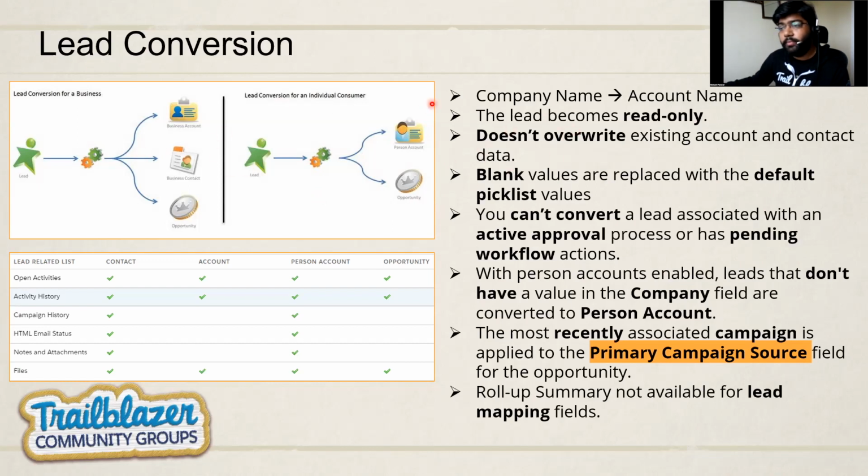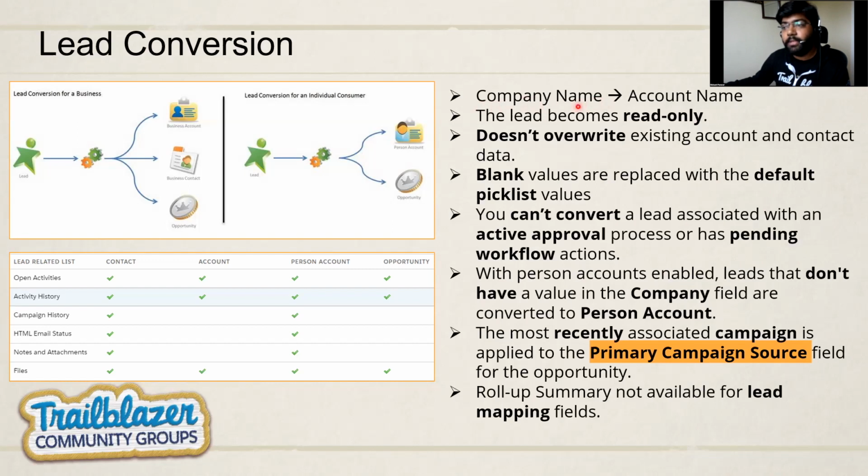Now, what are the conditions which you should understand and keep in mind about business account and person account, which is important: whenever you are converting the lead, the company name on the lead becomes the account name. So if you have the company name populated on the lead, it will convert into a business account and the account name will be the company name. Whereas when you are converting it to a person account, you should not have the company name populated.